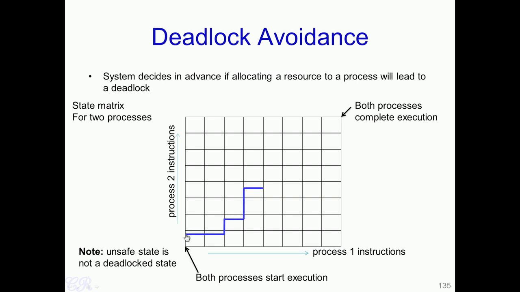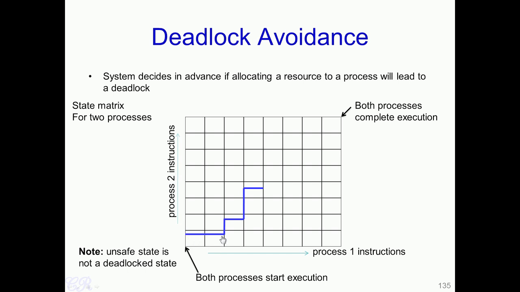This line indicates the execution path. For example, over here the line is horizontal, indicating that instructions corresponding to process 1 get executed. As a result of process 1 executing while process 2 is not executing, we get a state of the system over here, which is shown by this small square.